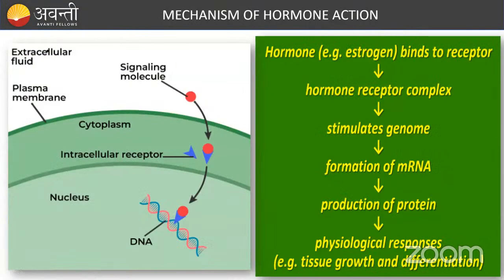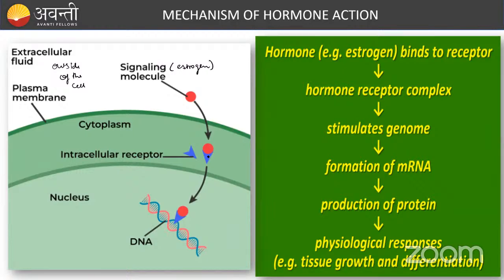This is your extracellular fluid, the outer side of the cell. This is your hormone. Let's take estrogen as an example. When the estrogen molecule enters, it binds with the intracellular receptor.